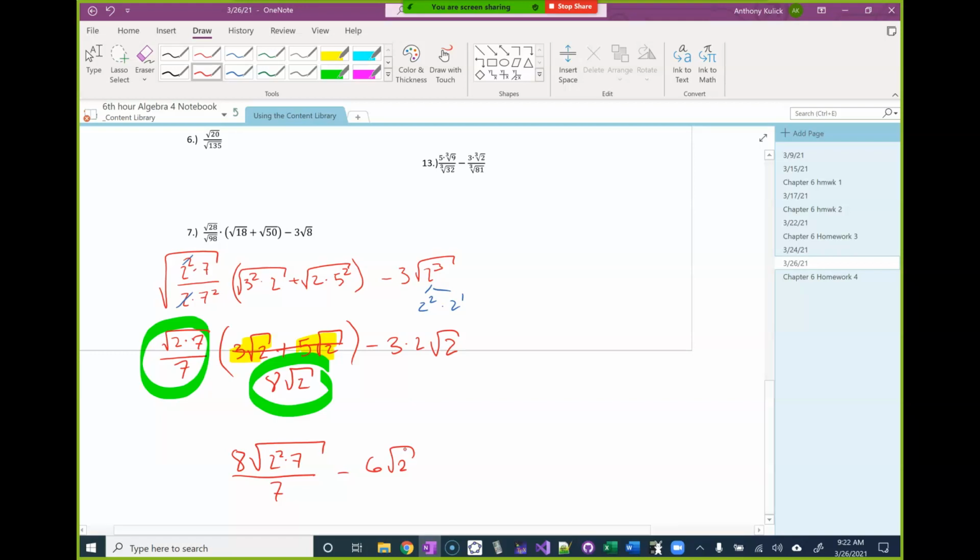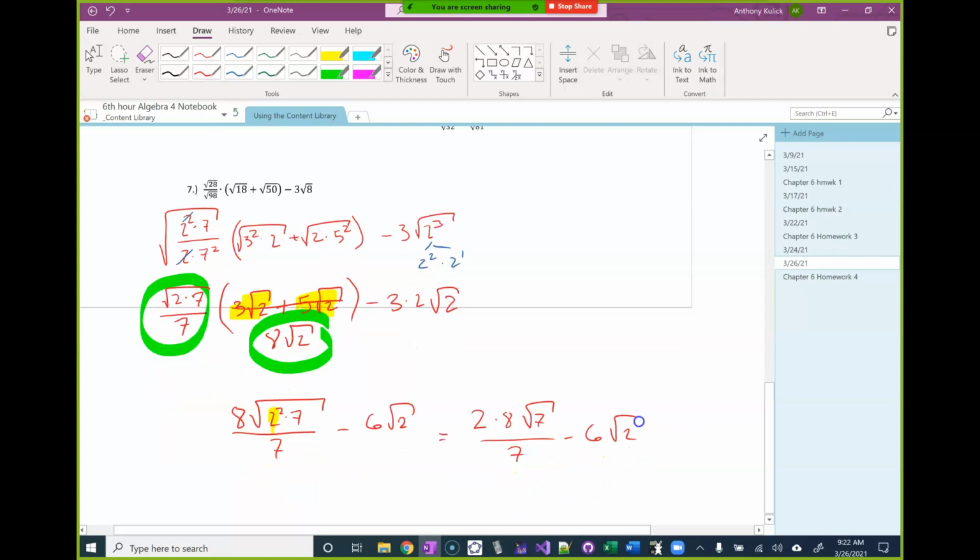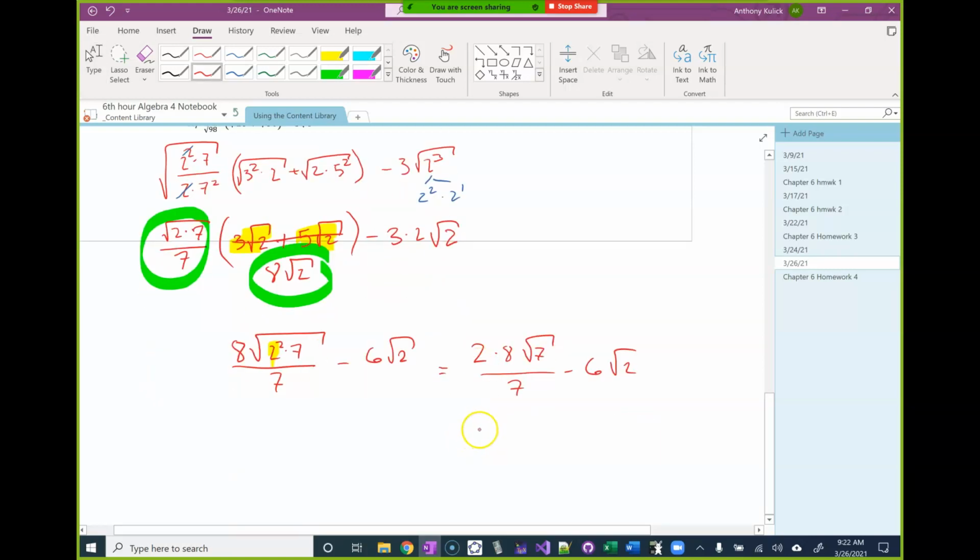So far, so good, Ben? Yeah. I got that 2 squared under the radical. That can come out. And then the 2 times 8 can just be 16.